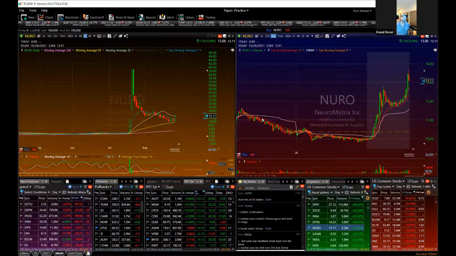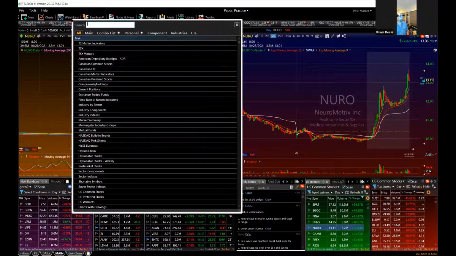Because we want to be in the biggest movers possible. It's not about small caps, big caps. It's not about price. We want to be in the biggest movers possible so that our capital is used in the most efficient manner. So I use this gap scanner and this liquid gainer scanner when I'm day trading.